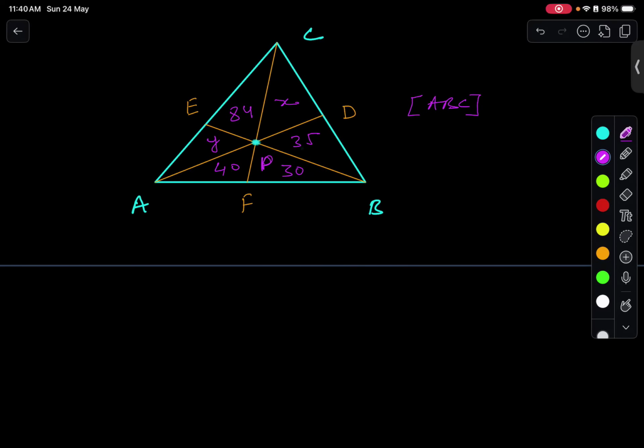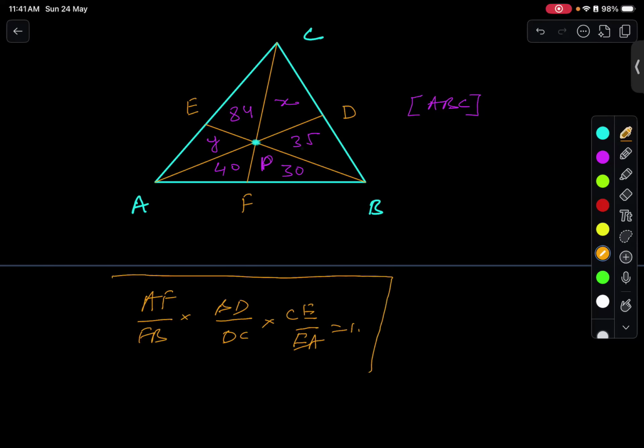And this is the Cevian setup, right? So we know the property: AF by FB into BD by DC into CE by EA is equal to 1.